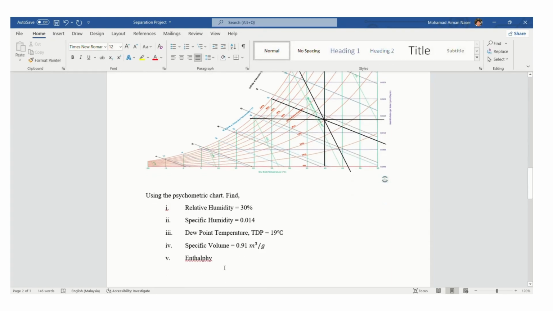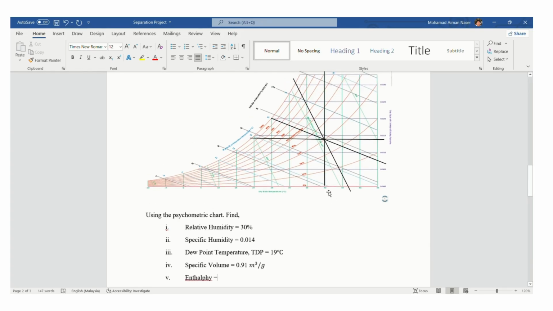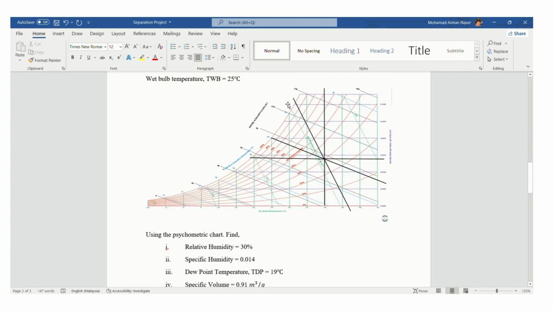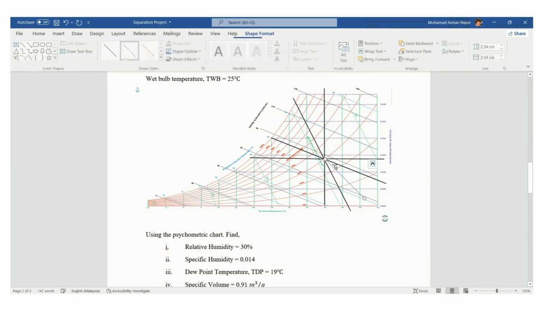Now the last one is enthalpy. So here is the line of enthalpy. The brown one is enthalpy 0, 20, 40, 60, 80, 100, 120 and 240. Now I take the line like usual. Here's the point and make the line parallel to the enthalpy line. Right.